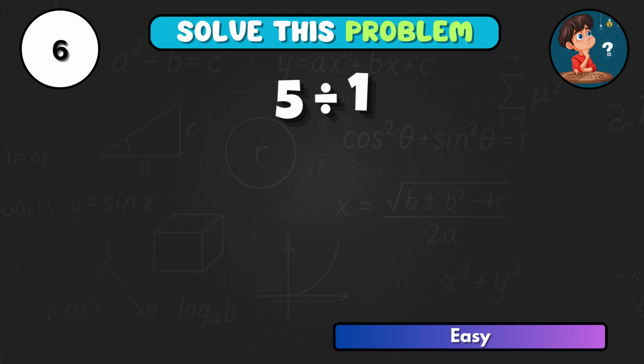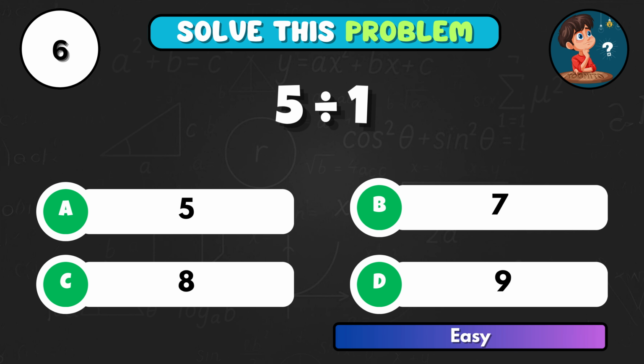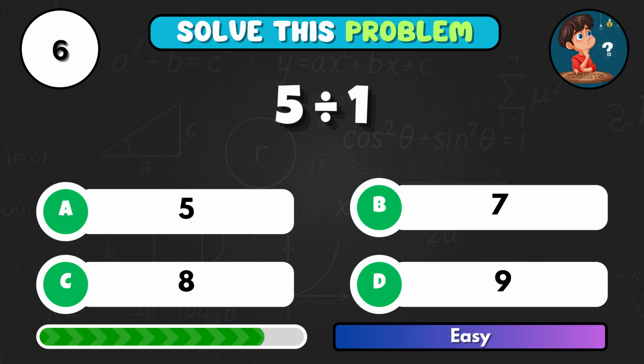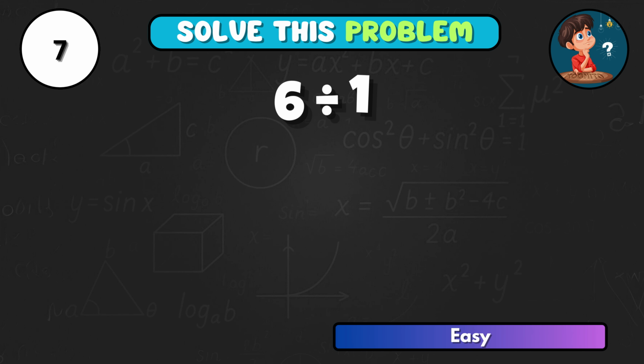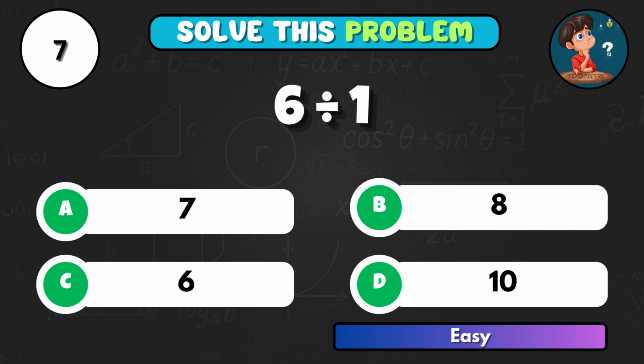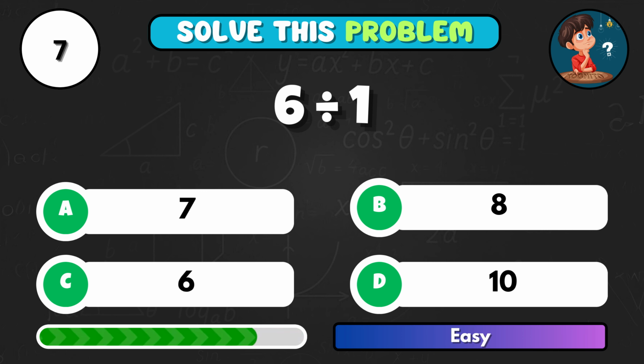If you split 5 by 1, what number do you get? You end up with A, 5. Next up, 6 divided by 1 comes out to... The correct response is C, 6.